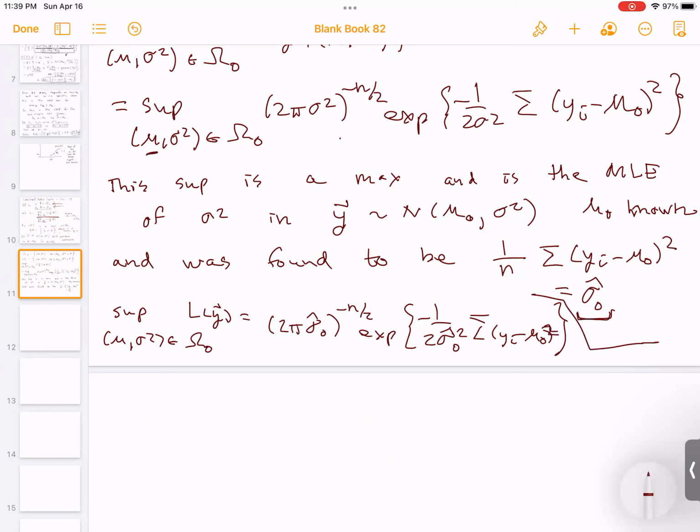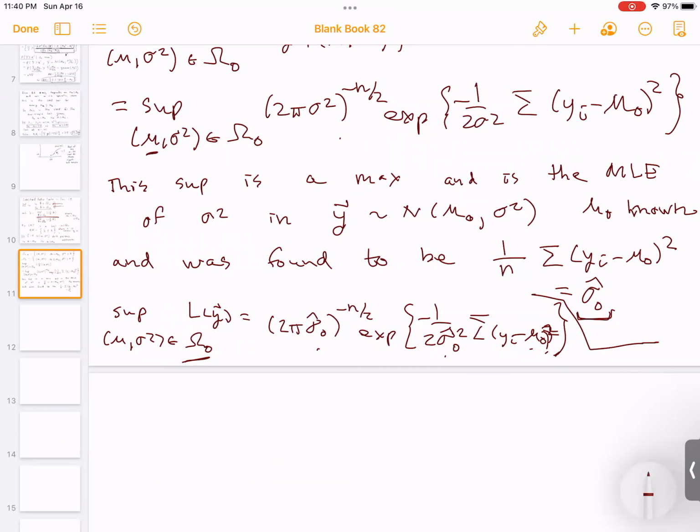That's a squared right there. Okay. Mu 0 is a number that was given as part of omega 0. And then since that's already given, the only unknown parameter is sigma, and the maximum sigma in that case is the MLE for sigma under this sample type.